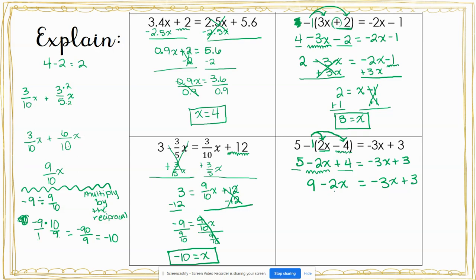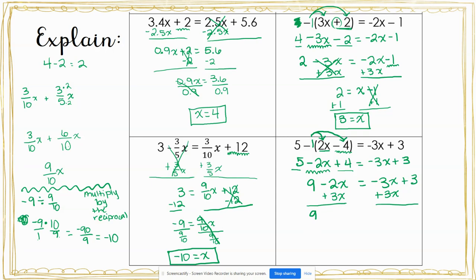I have -2x and -3x. Well, I'm going to move one of those. So I'm going to start by moving -3x since that's smaller than -2. Because there's a minus sign in front of that 3x, I'm going to use the inverse, which is plus 3x, and I'm going to do that on both sides of the equation. Well, 9 doesn't have a like term, so I just have to rewrite that.